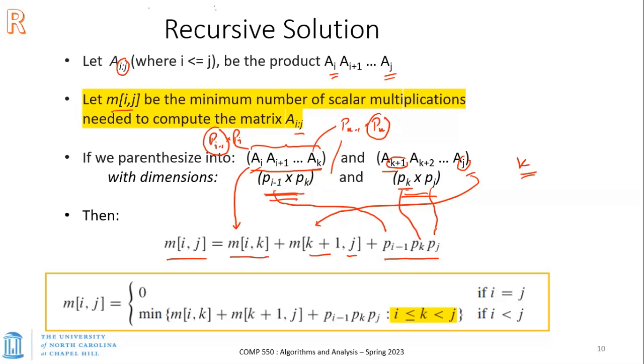Okay. So basically, doing this entire product can be divided up into doing the scalar multiplications for a smaller problem.